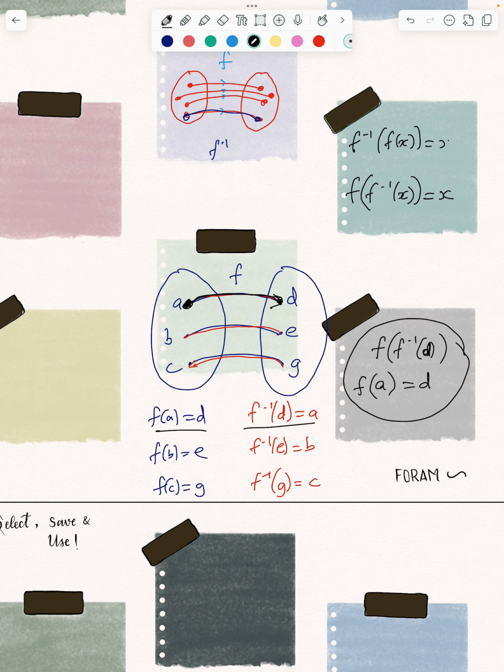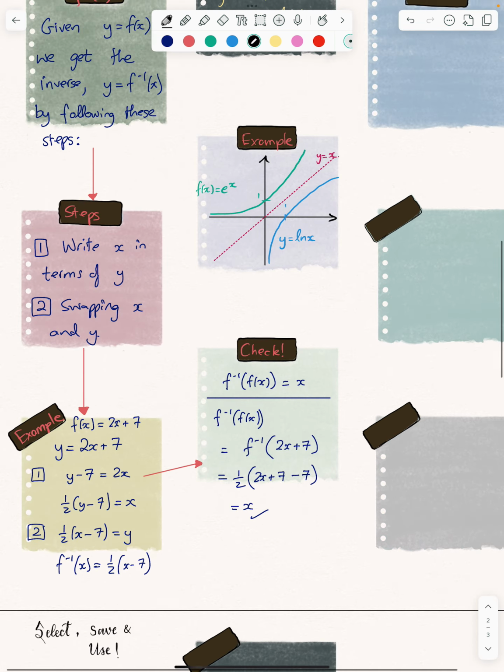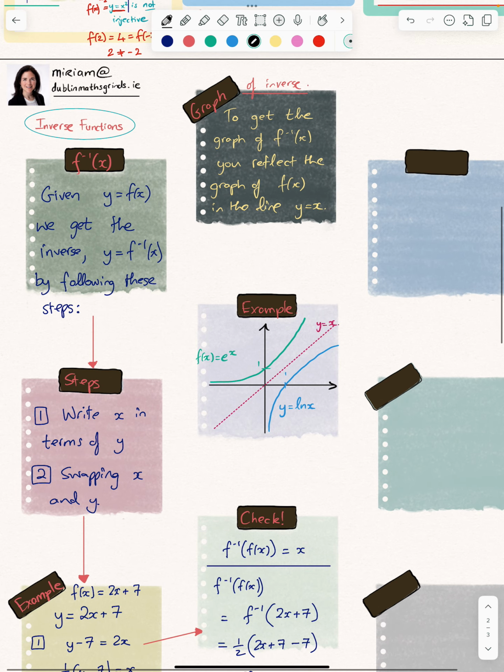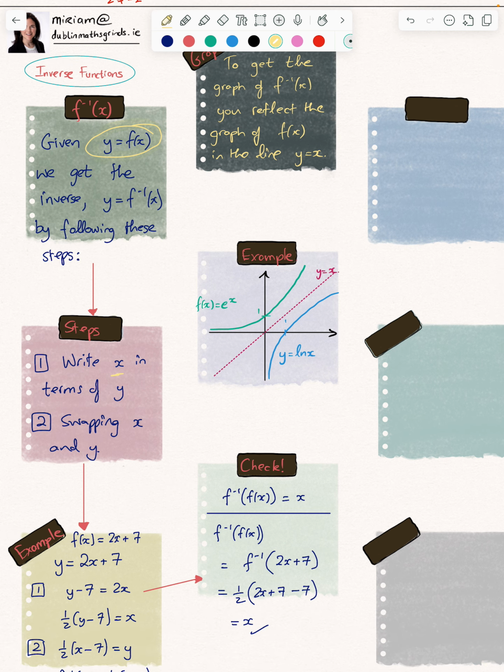Okay, and just a quick one about how to find the inverse function. If you're given y equals f of x, we get the inverse, y equals f inverse of x, by following these steps. Write x in terms of y, and then swap x and y.